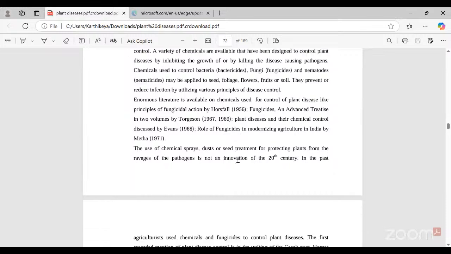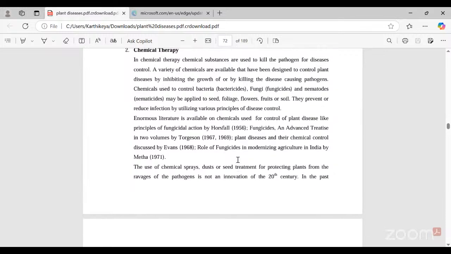Chemical therapy. In chemical therapy, chemical substances are used to kill the pathogen for disease control. A variety of chemicals are available that have been designed to control plant disease by inhibiting the growth of, or by killing, the disease-causing pathogen.